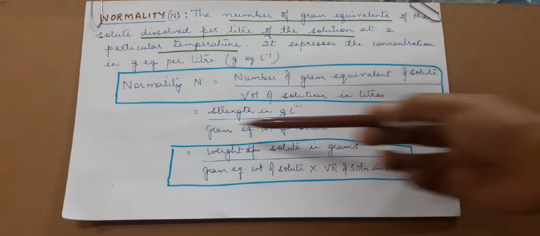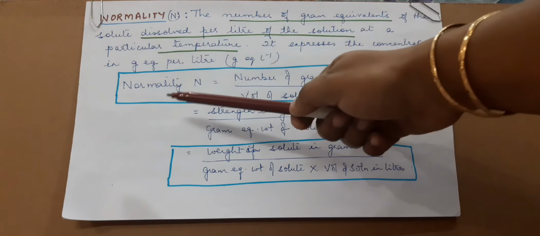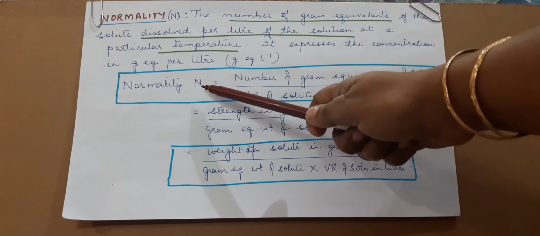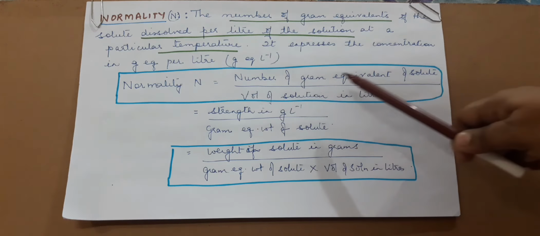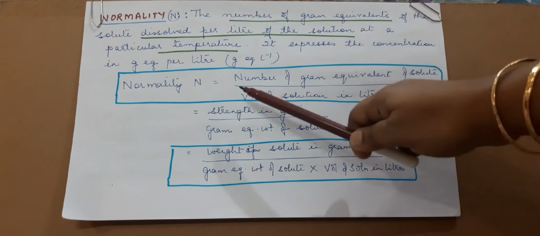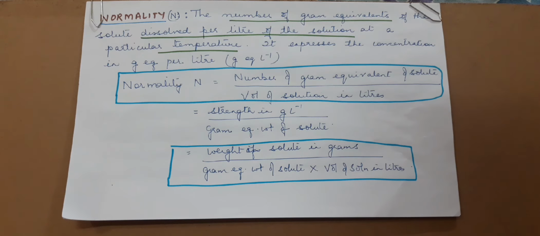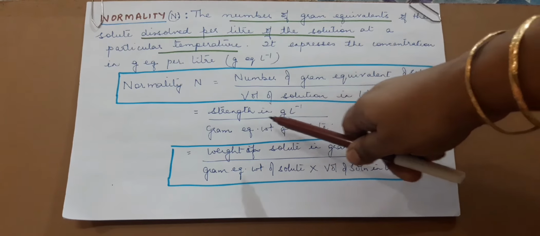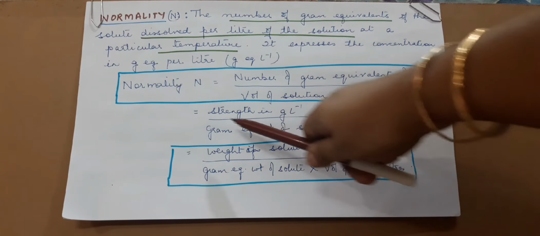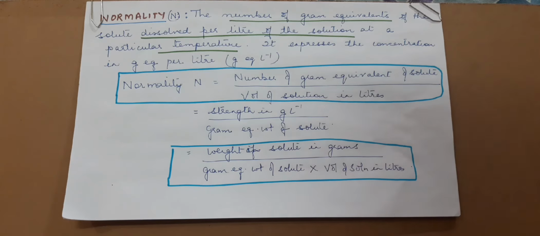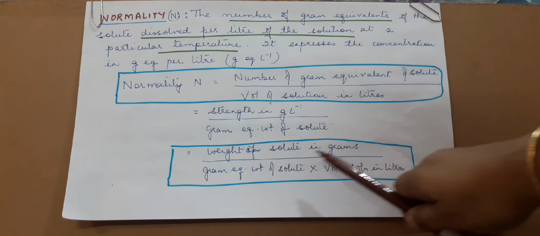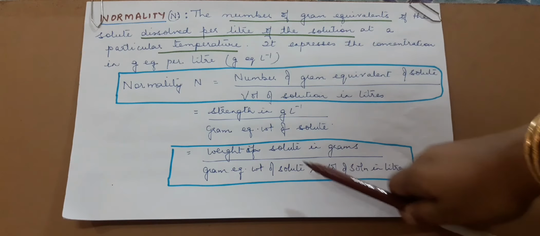So how do I represent that mathematically? Normality, represented by capital N, is equal to the number of gram equivalents of the solute divided by the volume of the solution in liters. Number of gram equivalents of the solute means the weight of the solute in grams divided by its gram equivalent weight.